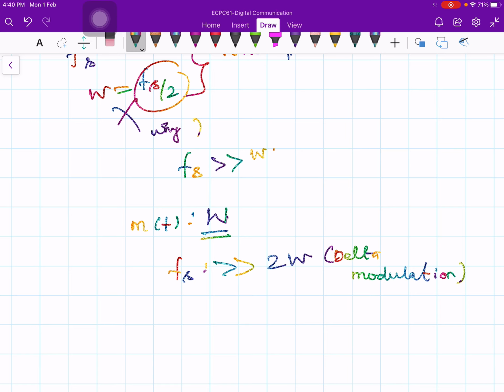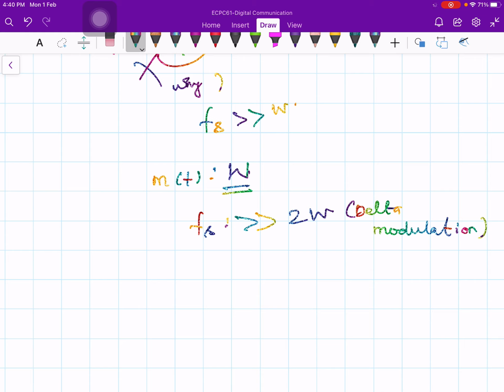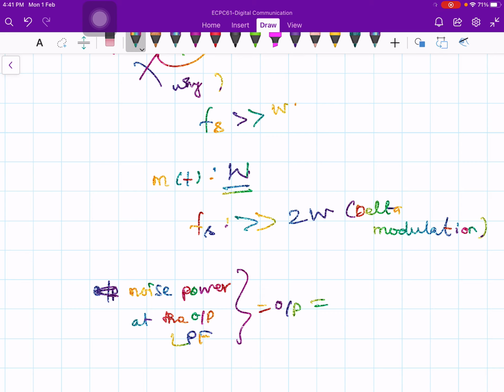Delta modulation much higher. Therefore, let us find out the noise power at the output of the low pass filter. Simply we will say output power, which is, again, a random process, right? You take the expected value of n suffix q square of t.